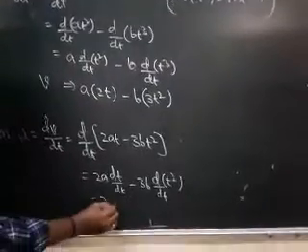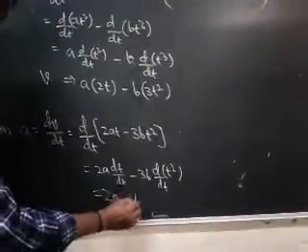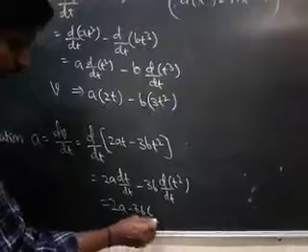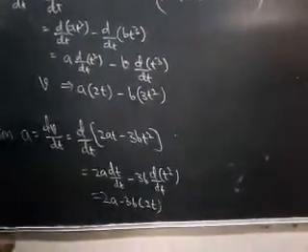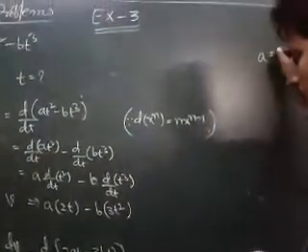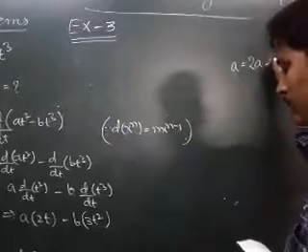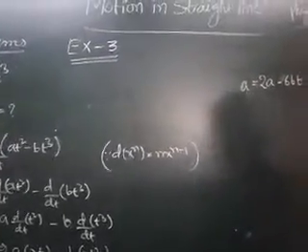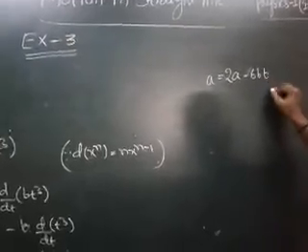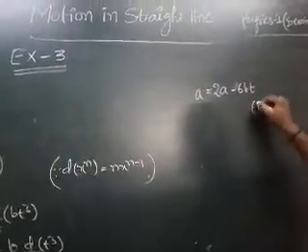Therefore 2a minus 3b into 2t. So this value is acceleration a is equal to 2a minus 6bt. Here acceleration is equal to 0.